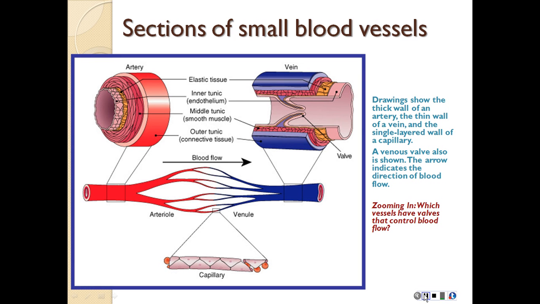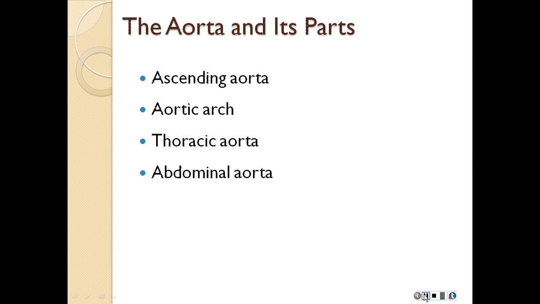So if you had all those layers, there would not be diffusion. That's why you don't have gas exchange in the arteries, arterioles, venules, and veins, because they have too many layers for anything to exit or enter the blood. Okay.